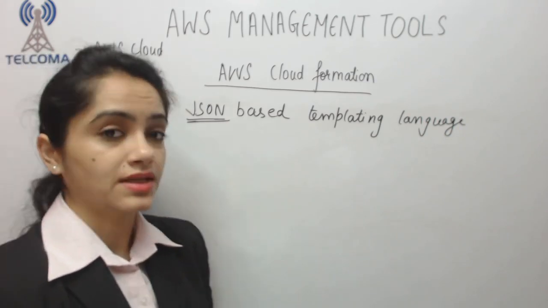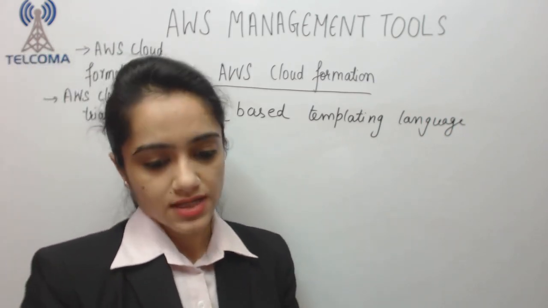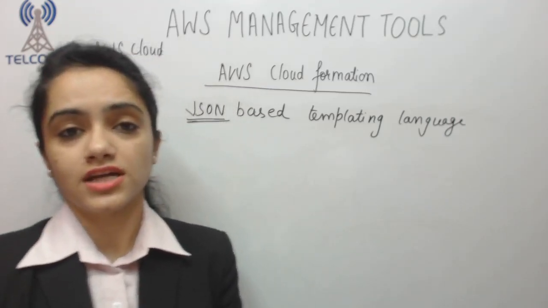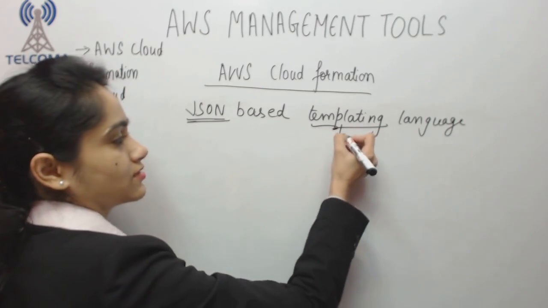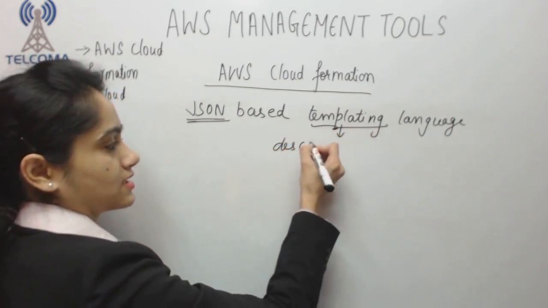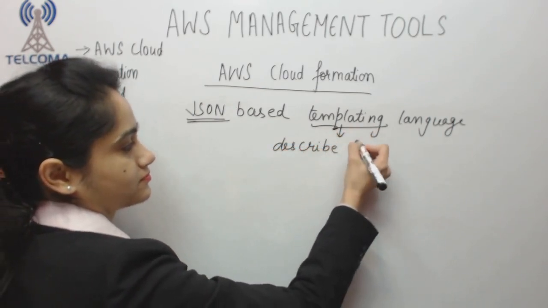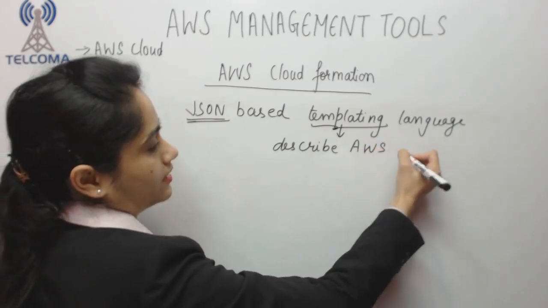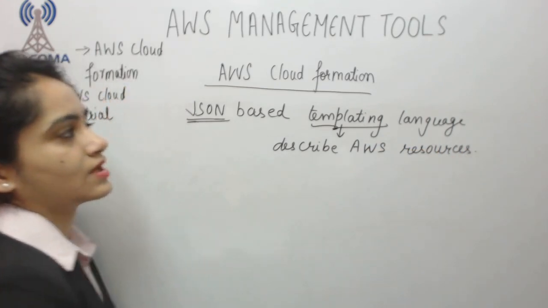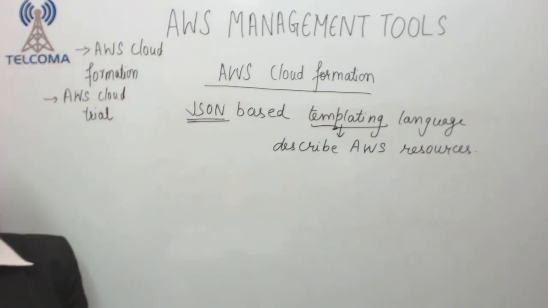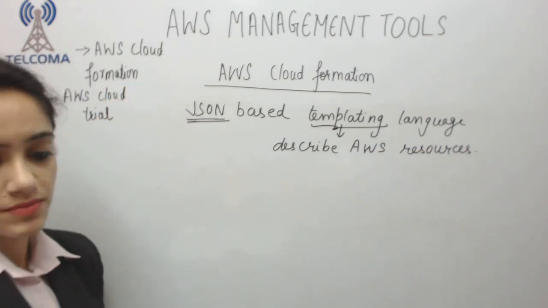Now this templating language can be used to describe AWS resources which are necessary for a workload. So why is a templating language required? So that we can describe various AWS resources. So this is a function of AWS CloudFormation.